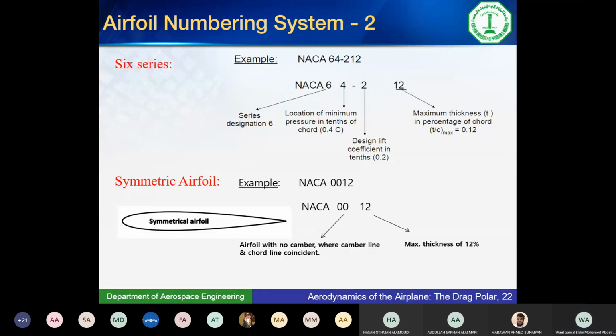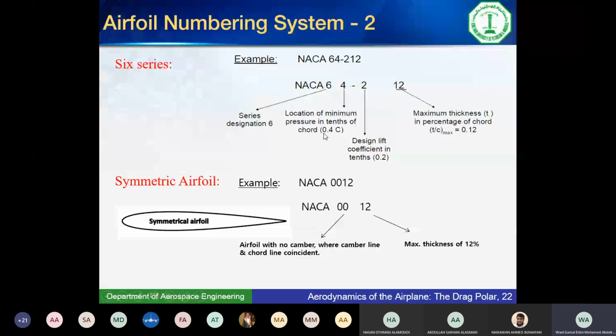Although aircraft manufacturers will have their own airfoils, they will develop their own families, but you can have such an airfoil on this aircraft. The second digit, the 4 that we have in the second digit, doesn't mean the location of the maximum camber. It means the location of the minimum pressure. So the 4 means the minimum pressure at 40%.